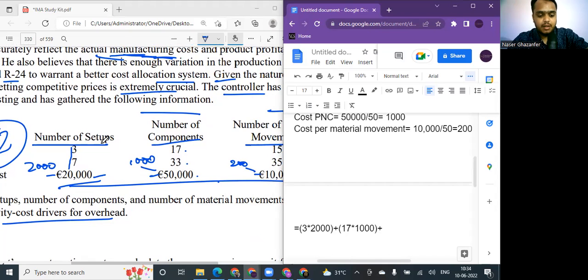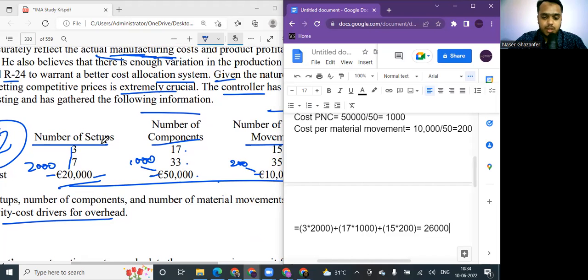Plus then 15, again 15 multiplied by 200. How much is it equivalent to? Now 3 multiplied by 2,000 is 6,000. 17 multiplied by 1,000 is 17,000. So 17,000 plus 6,000 is equal to 23,000. So 23,000 till now. 15 into 200 is 3,000. So plus 23,000 is equal to 26,000. So my overhead cost here is 26,000.